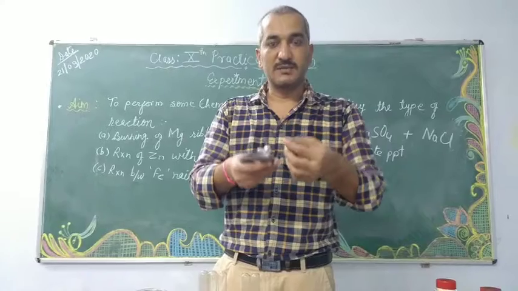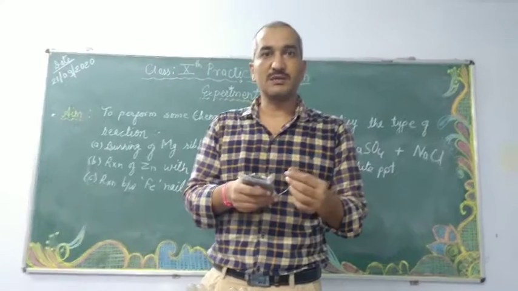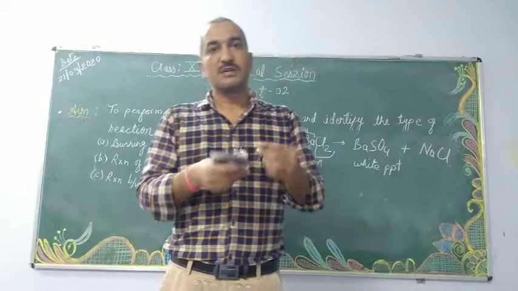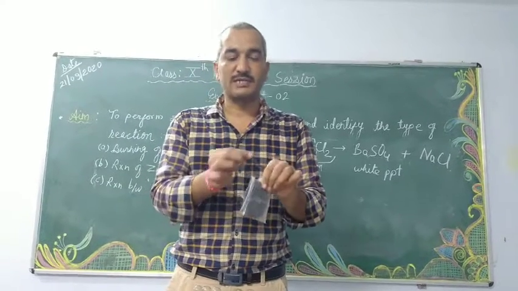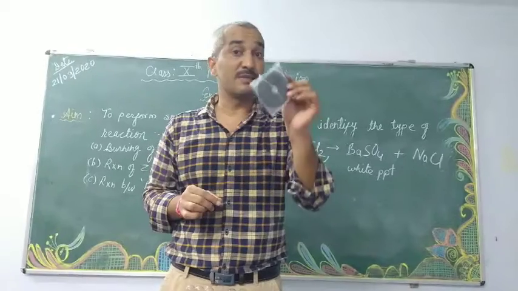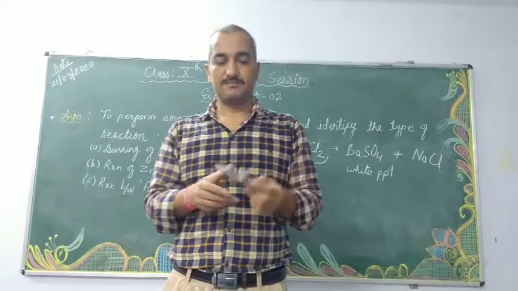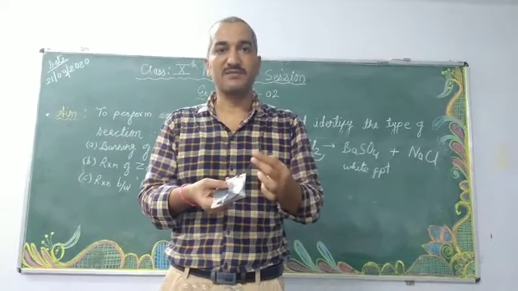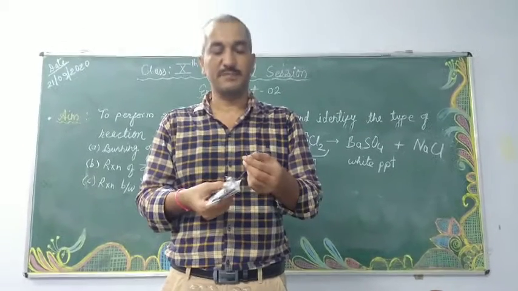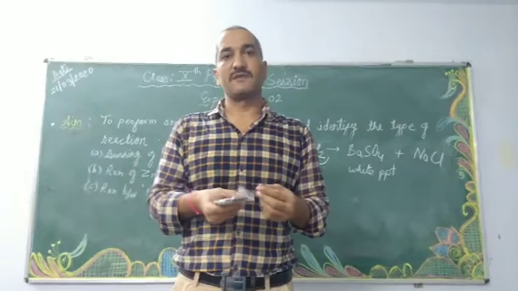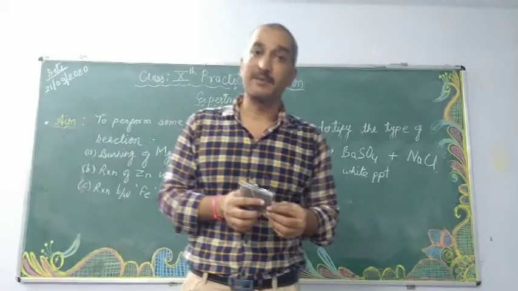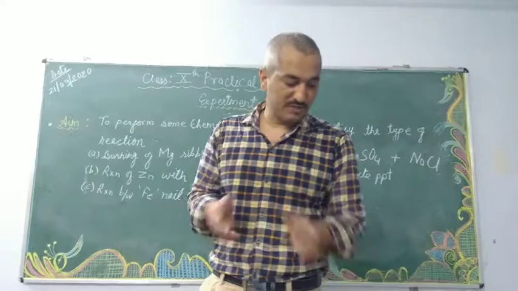I have rubbed this with sandpaper because due to corrosion, a basic carbonate layer forms over this magnesium strip, so it prevents the burning of magnesium. It makes the burning of this magnesium strip difficult. So we have to peel off the layer first. So it should be rubbed with the sandpaper, and then the burning of magnesium should be done.